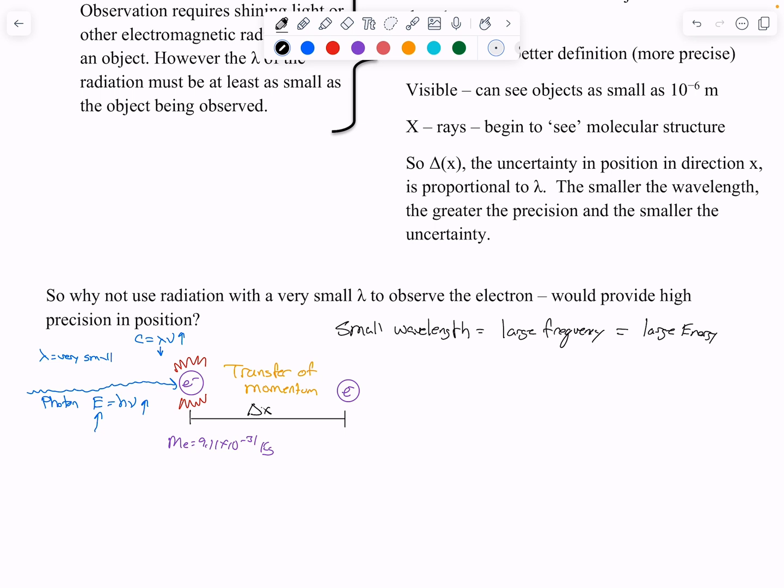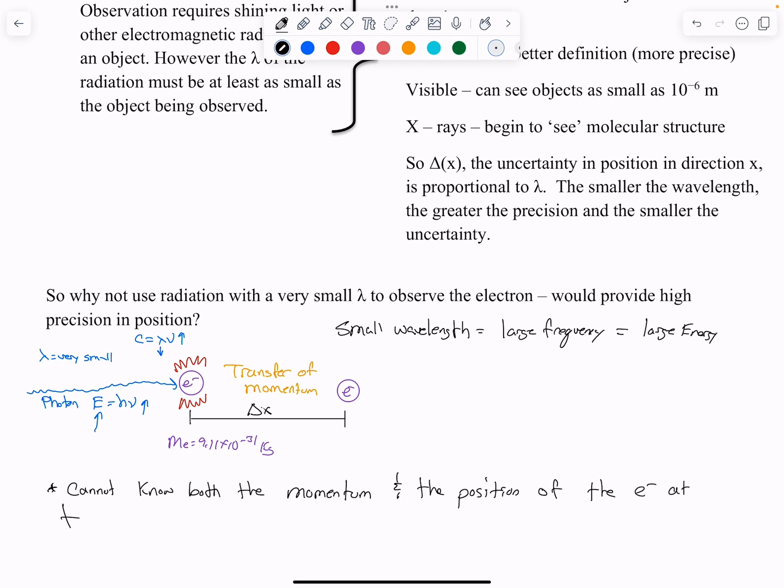And so what Heisenberg basically says, right, is that we cannot know both the momentum and the position of the electron at the same time.